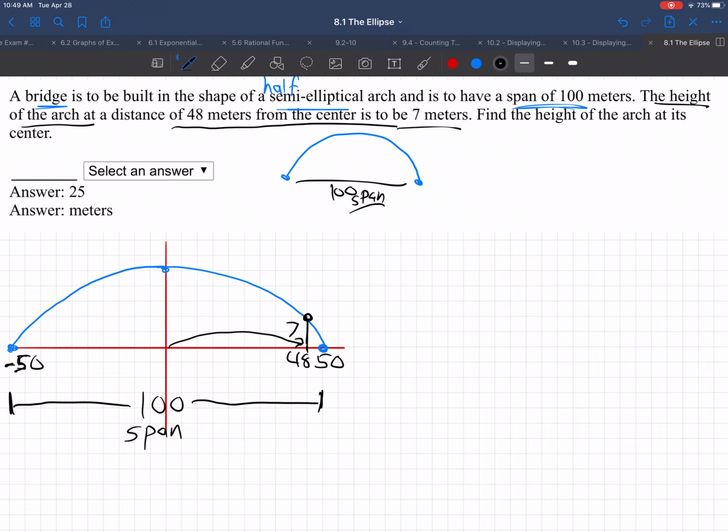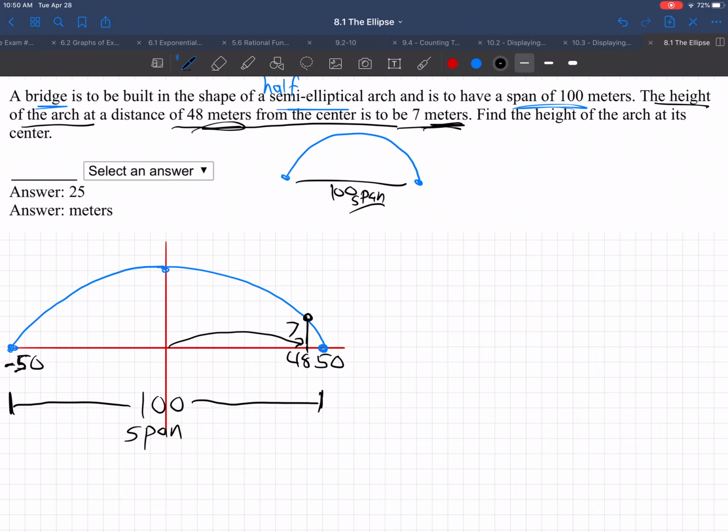They say, okay, we need trucks to go under this semi-elliptical arch, and we need to put a highway, and we want it to be able to go 48 meters to the right and the left, and we want a vertical clearance of 7 meters above the arch at the edge of the highway, which would be 48 meters to the right.